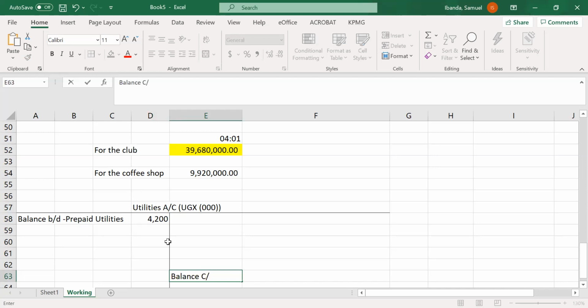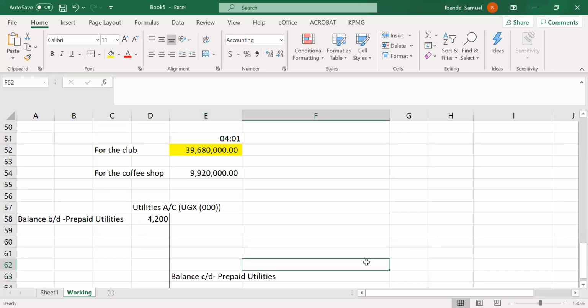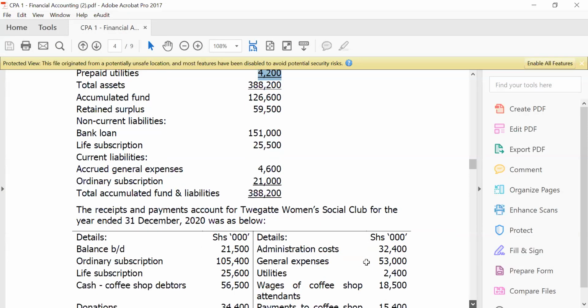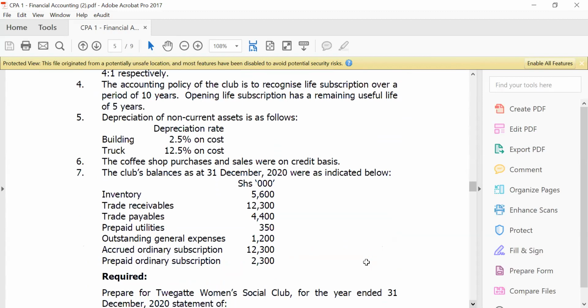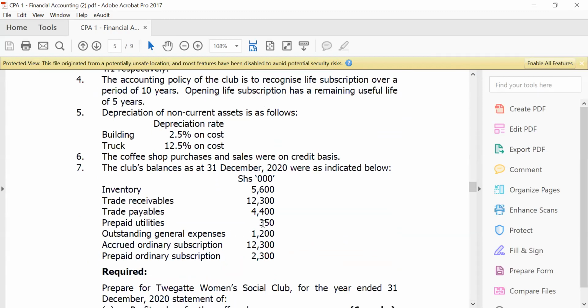So as the balance brought down is written here, balance carried down for my prepaid utilities is written on this side. So what is my balance that is carried down? It is the balance that has been provided in the additional information, which is the closing balance of 350.